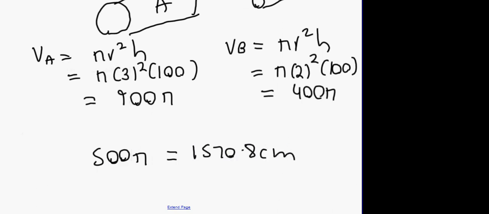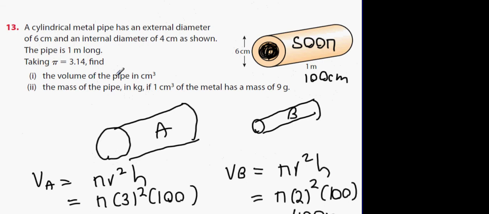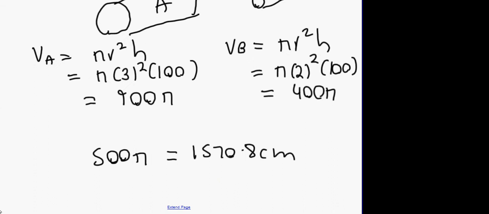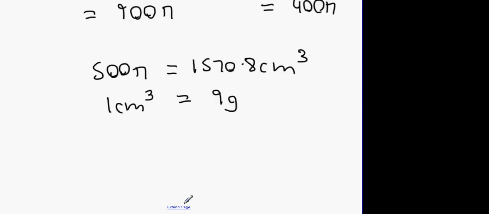Now, the next part: find the mass of the pipe in kilograms if 1 cm cubed is 9 grams. Are we expecting our pipe to be heavier or lighter than 9 grams? Heavier.